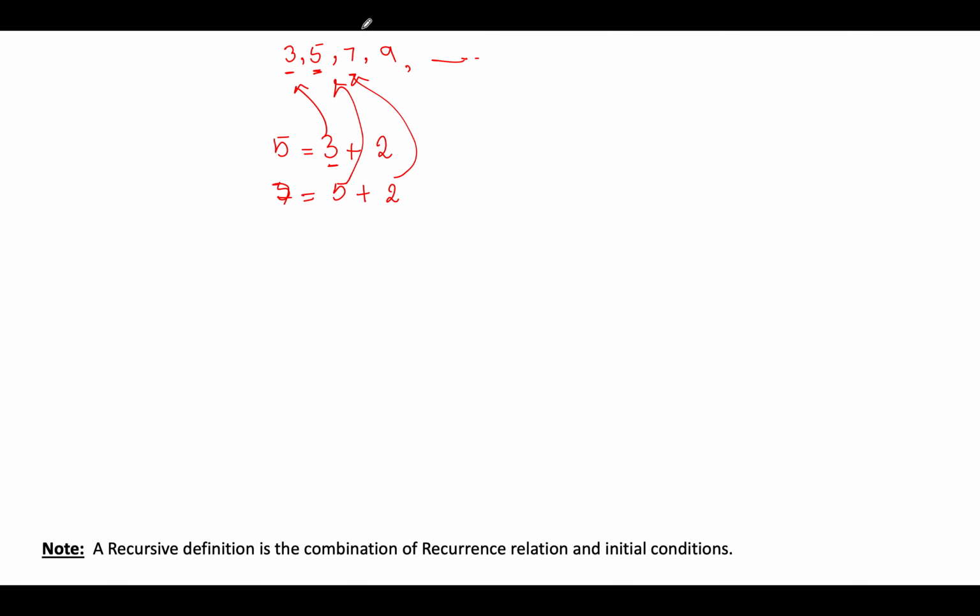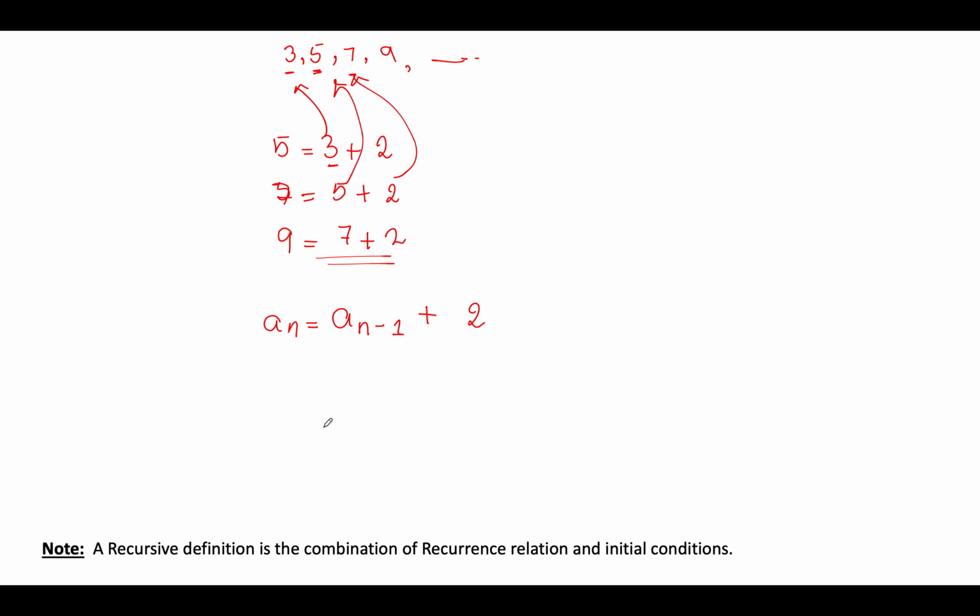So 7 is equal to 5 plus 2. All right, let's check here. 9 is equal to 7 plus 2. So from here we can see that a_n is equal to the previous term, which is a_(n-1), plus 2, right?